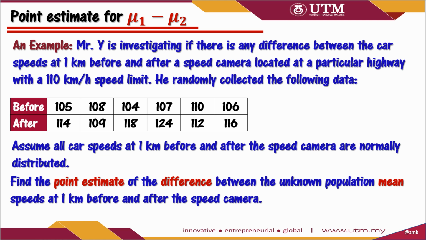Now, what do you need to do first when you are given sample data like in this example? As you can see, the sample information such as the values of sample mean and standard deviation are not given directly. In this case, you have to use a scientific calculator to get the sample information from the two sets of sample data recorded before and after the speed camera.